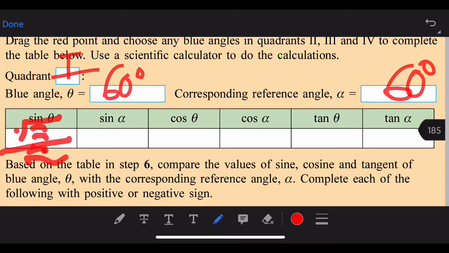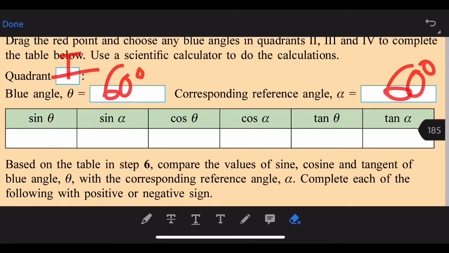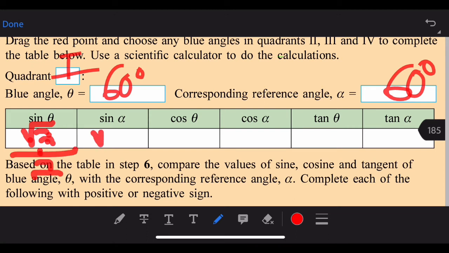Sine alpha, I will get root 3 over 2. Both will give you a positive value. Cos theta, I will get 1/2. For the first quadrant, I get all positive.